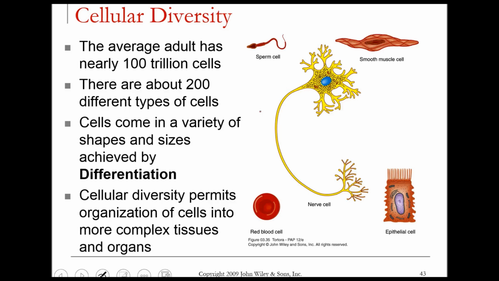That single-celled organism will undergo cell division and differentiation, which literally means that the cells become different. The diversity of cells that we have allows us to form very complicated tissues, each with specific structures, and have various combinations of those tissues into organs, which allow our body to operate very efficiently.